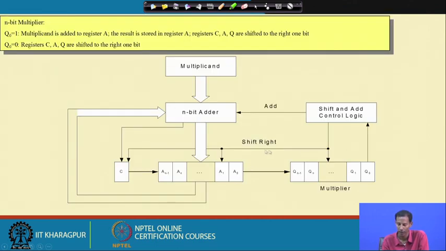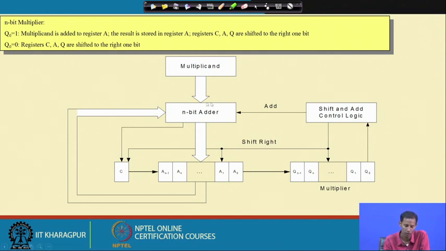So, here you see this is the multiplicand, then there is an n-bit adder, and then there is this shift and add control logic. This is the corresponding A and this is the corresponding B, here it is considered as Q. Whenever Q0 is checked and is 1, it will follow the logic I discussed, and if it is 0, then it will follow a different logic.